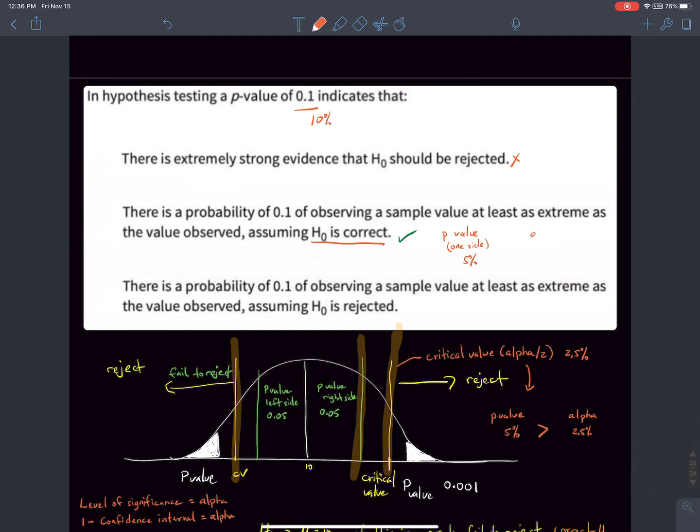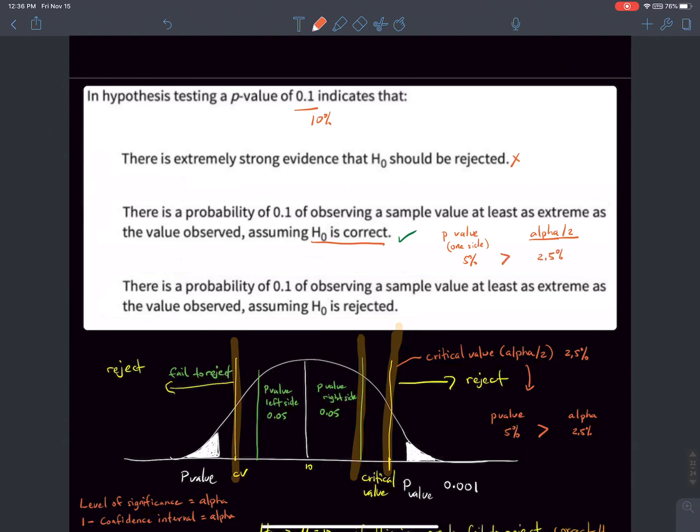And my alpha, or critical value, divided by 2. Remember, I have a 95% confidence interval. So 1 minus confidence interval, 100% minus 95% is 5%. Divided by 2 is 2.5%.